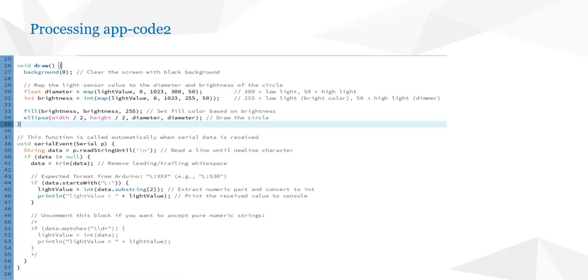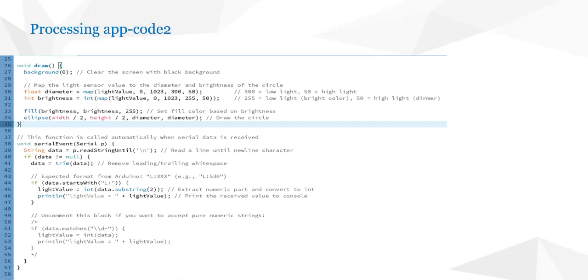You can see calling the int method, a built-in Processing method. That method will convert that data. When we get the integer value, we save that value into the variable lightValue. This is a global variable, and that variable will be available in every method of that sketch.